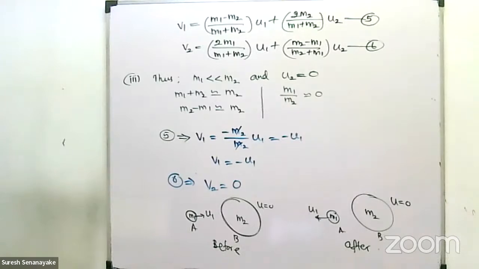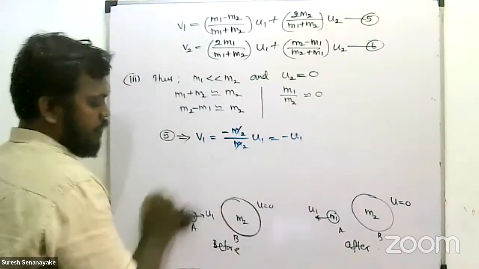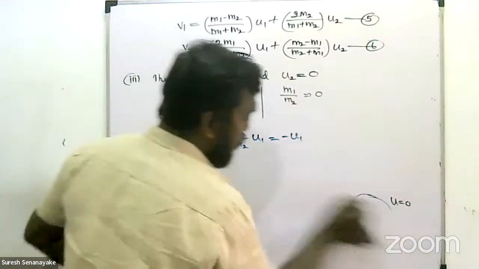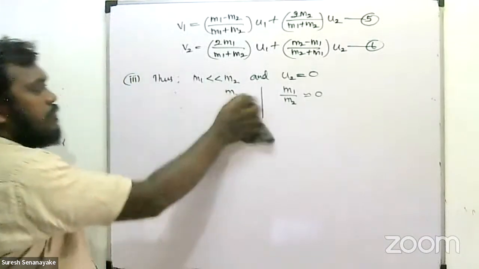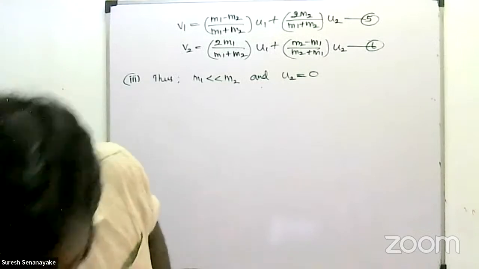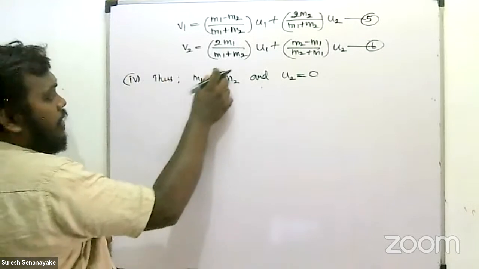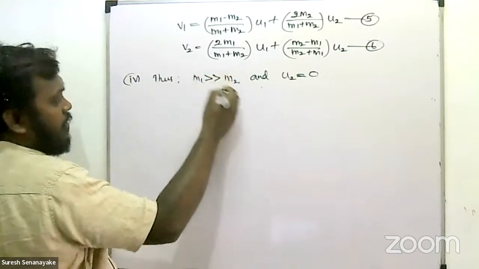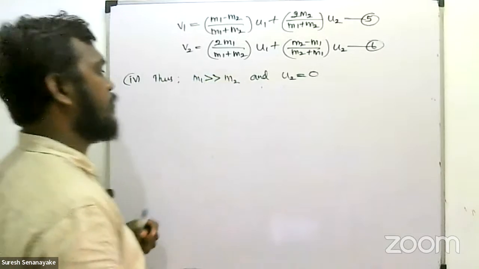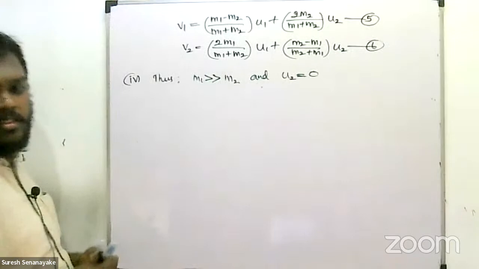In that case you can write that m1 is much greater than m2 and u2 is 0.